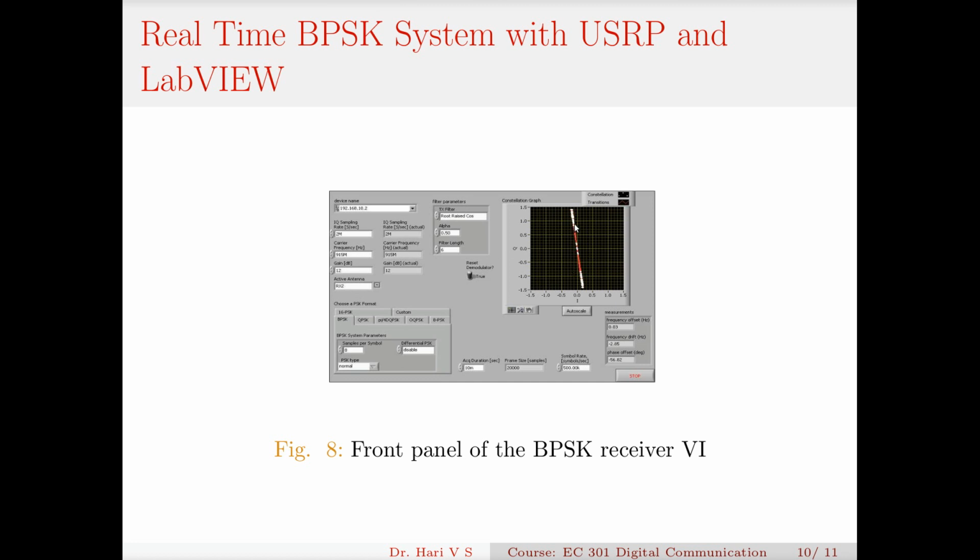You can see a slight tilting from the vertical line. This is due to phase changes from transmission through the atmosphere, even though they are kept very adjacent. You can see the effect of noise here: a slight blurring, a slight elongation of the signal constellation. So this is how it is done.